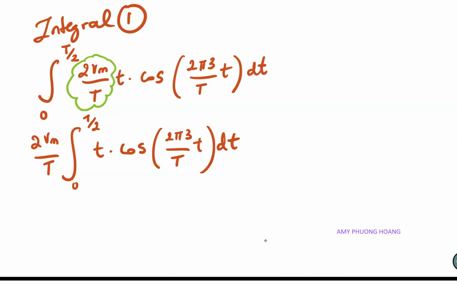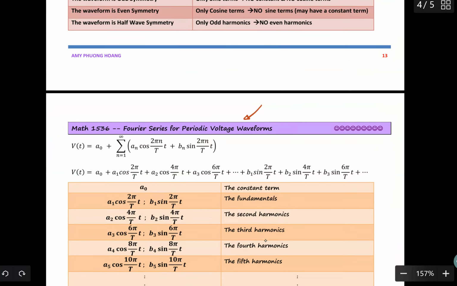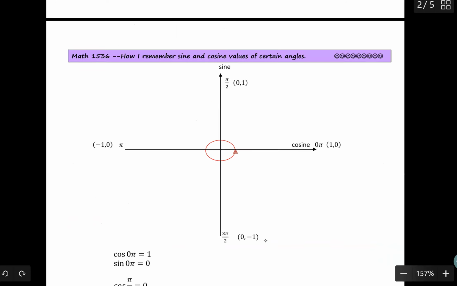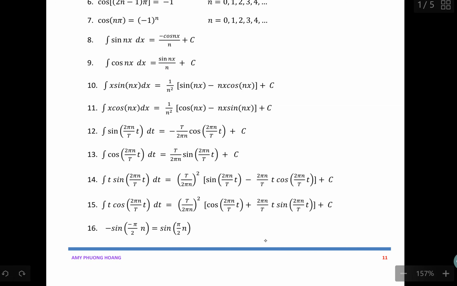Okay, so I'm going to ask everyone to go to our formula sheet. And we are going to go up to page number 11, and we are going to look at the integral of cos, and what we are going to use is number 15.